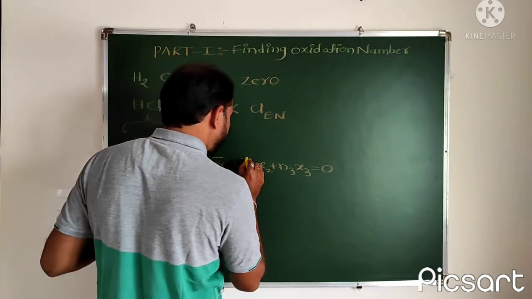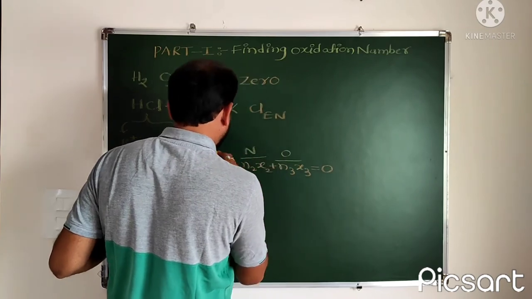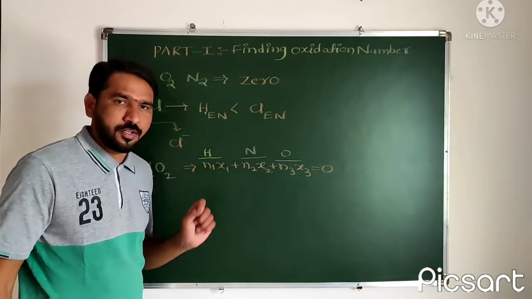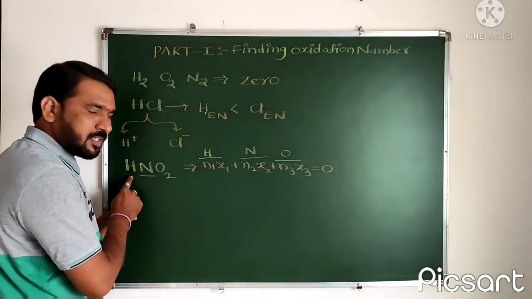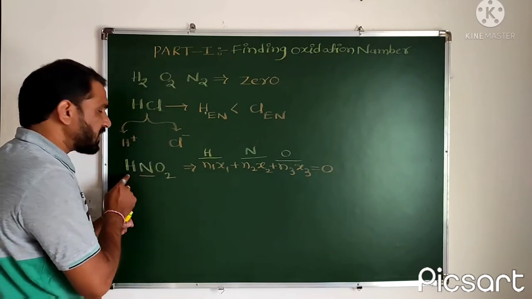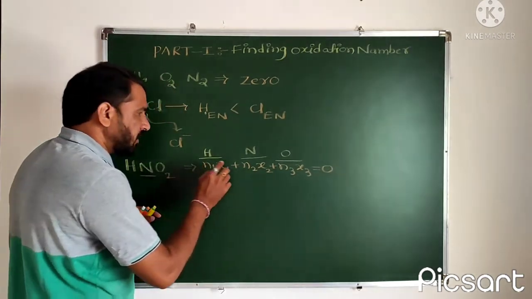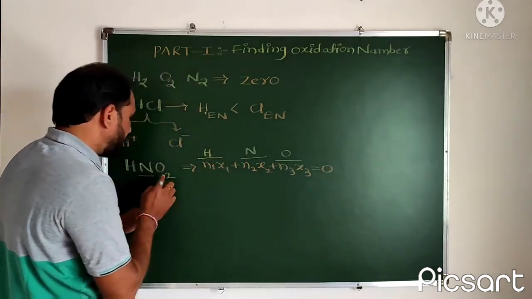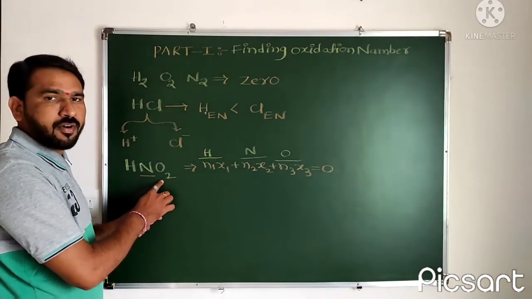Here we need to find the oxidation number of nitrogen. N1 is the number of hydrogens, X1 the oxidation state of hydrogen; N2 the number of nitrogens, X2 the oxidation number of nitrogen; N3 the number of oxygens, X3 the oxidation number of oxygen.